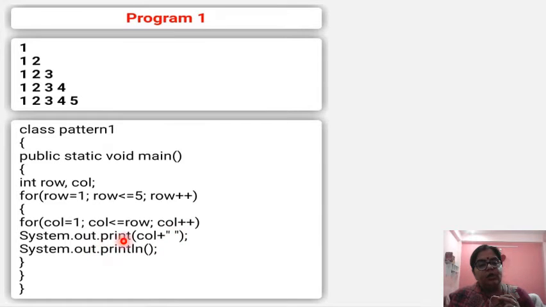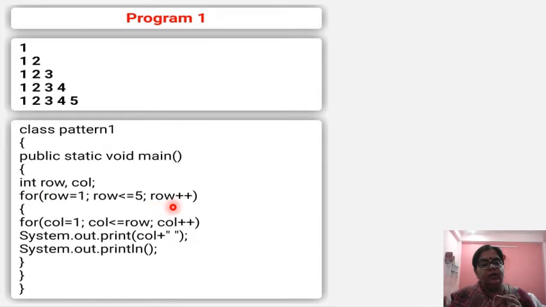So first of all, the value of row is 1, column is just now 1, because it is just going to work 1 to 1. It means the value of column is 1 and it will print it and give space. This next printing statement is for the outer loop. For this loop, it will terminate, and our program will go to the next outer loop.